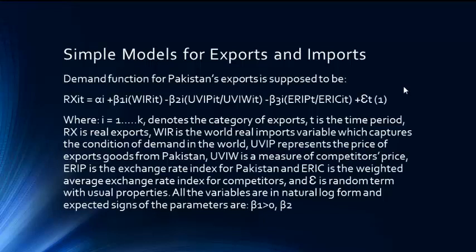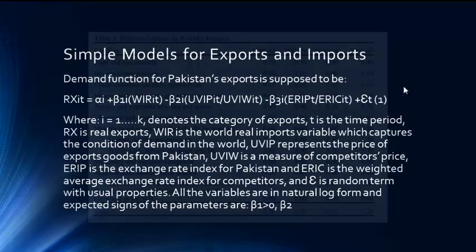Then there's the exchange rate index for Pakistan versus the exchange rate index for the competitive countries. So if the other countries are following undervaluation pricing, this will come into this variable. So these are the three variables that are used in the export demand function.